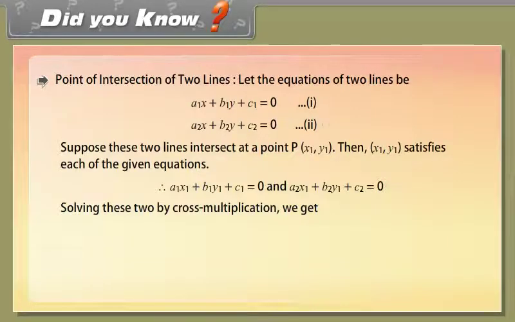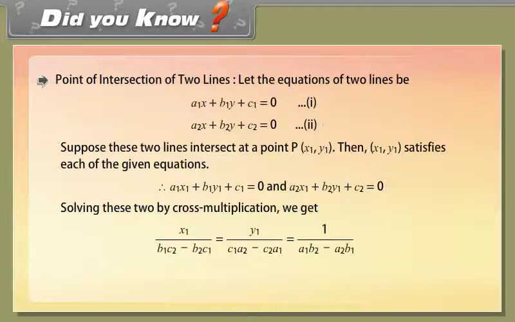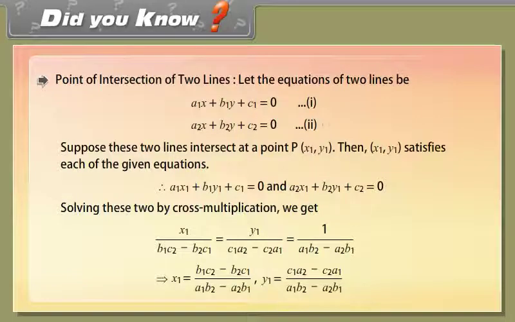Solving these two by cross multiplication, we get x1/(b1c2 - b2c1) = y1/(c1a2 - c2a1) = 1/(a1b2 - a2b1). It implies x1 = (b1c2 - b2c1)/(a1b2 - a2b1) and y1 = (c1a2 - c2a1)/(a1b2 - a2b1).